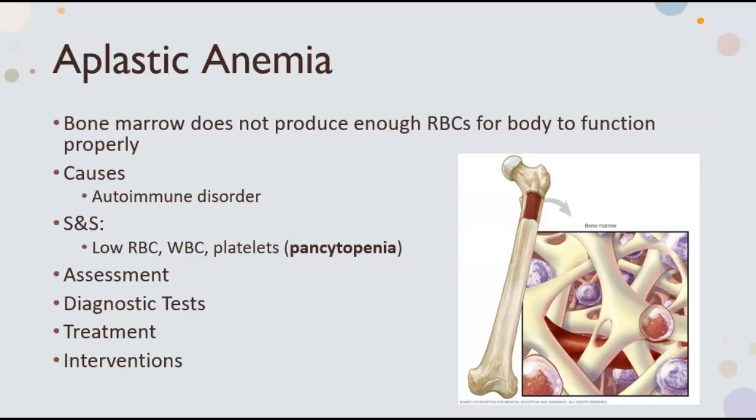White blood cells, fevers, frequent infections, or flu-like illnesses that linger. And for your low platelets, they might have epistaxis, bleeding gums, petechiae, blood in the stool, or heavy menstrual bleeding.